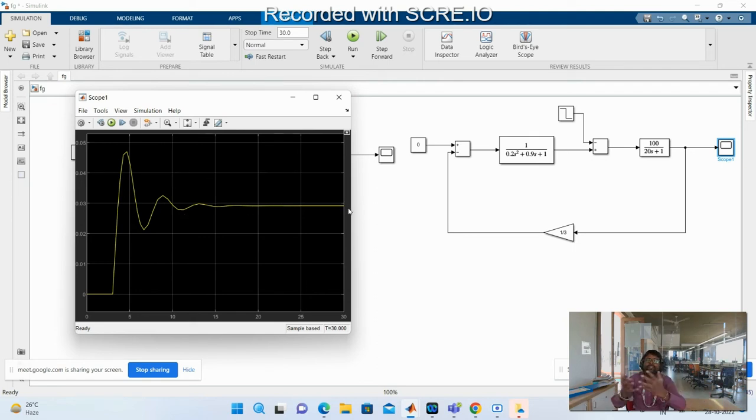You have to take all the pictures and take the printouts, and you have to write here: free governing operation with decrease in the load by 0.01 per unit. So all these things you have to do. Initially it is oscillating, and in this portion there is no frequency deviation because demand starts decreasing at 3 seconds.